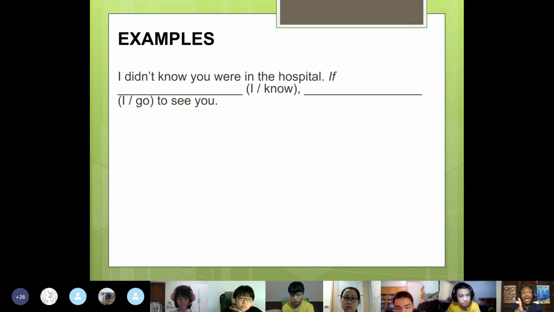So if I had known you were in the hospital, I would have gone to see you. So again, we had the if I had, and then the past tense, known. All right. Then we're going to say, I would have gone to see you.